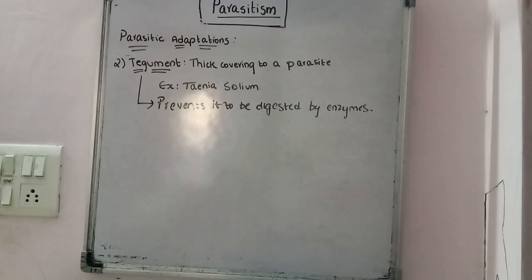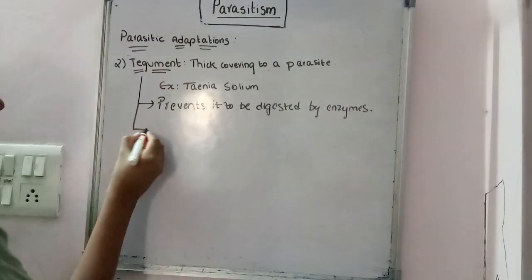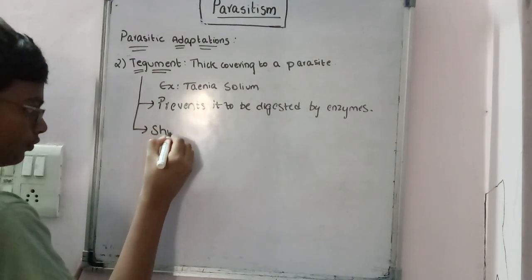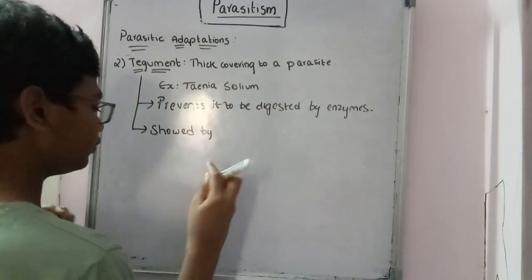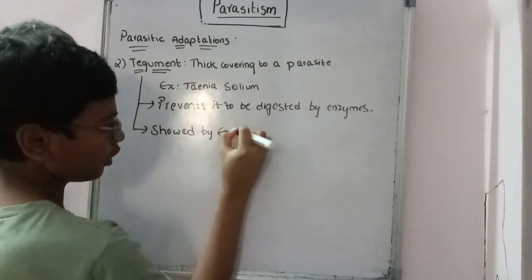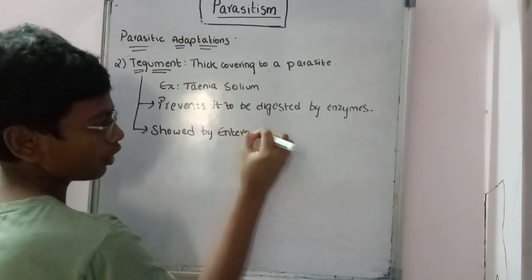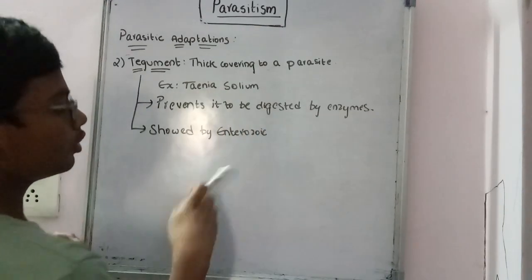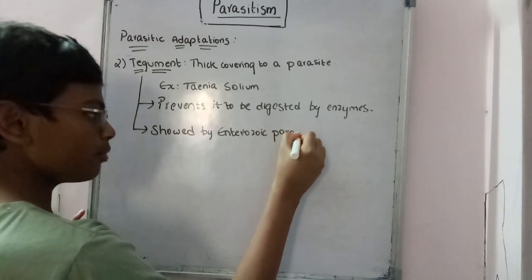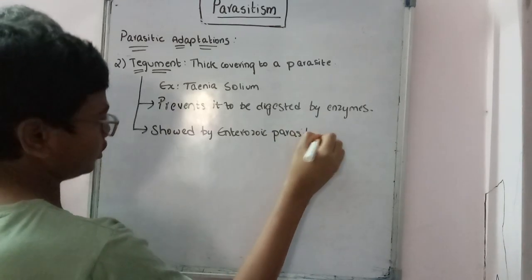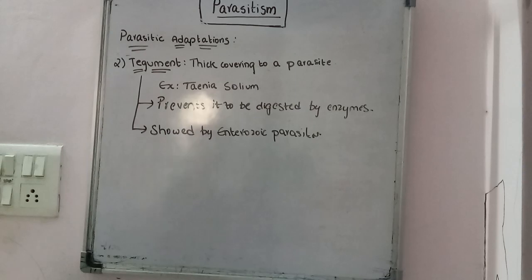Generally, enterozoic parasites show this kind of adaptation. So this is about the second adaptation, which is the tegument.